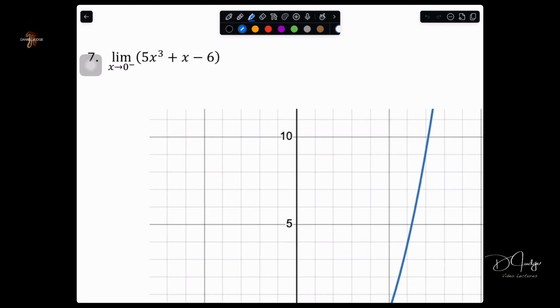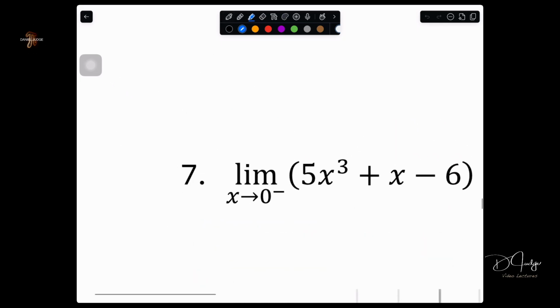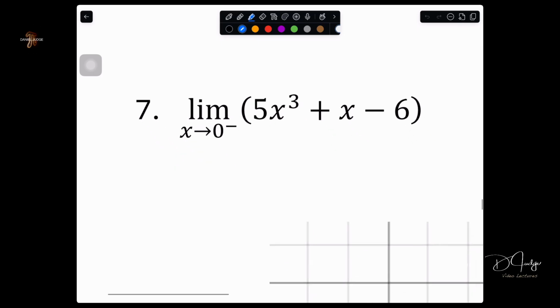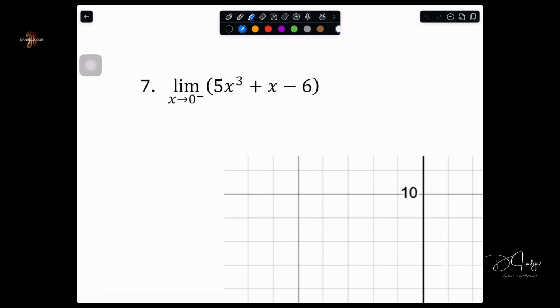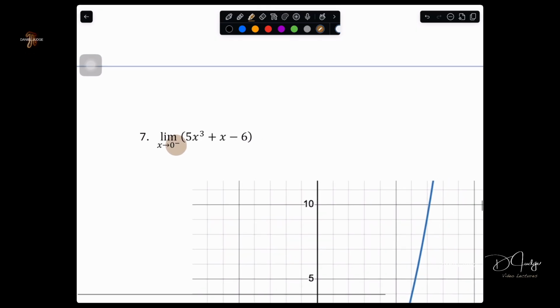Those polynomial functions are the easiest limits to work with. So this question is the limit as x goes to 0 from the left. Because the left-handed limit is the same as the right limit, they're the same values, the polynomial functions are continuous. Remember what we're using: the definition of what it really means to be continuous.